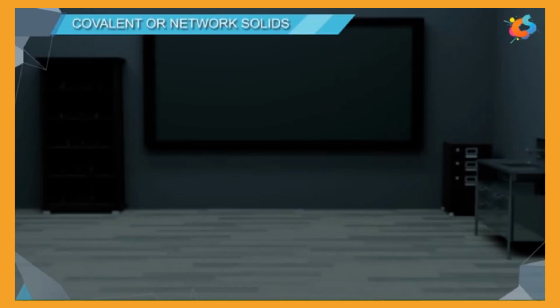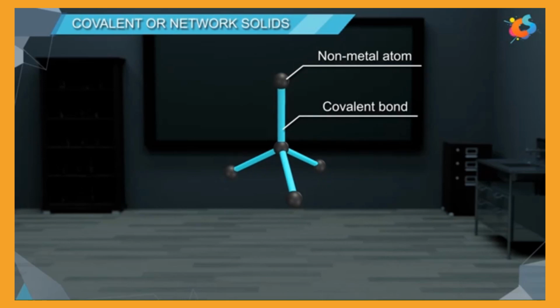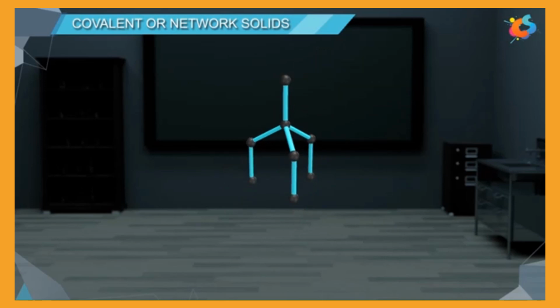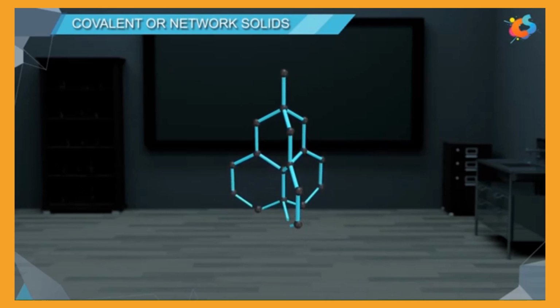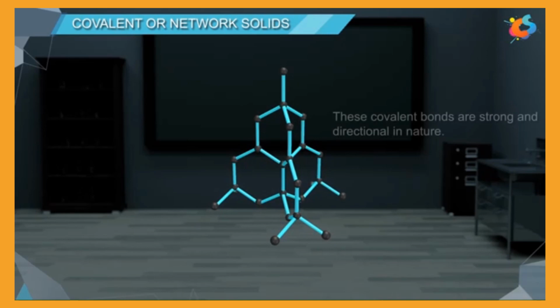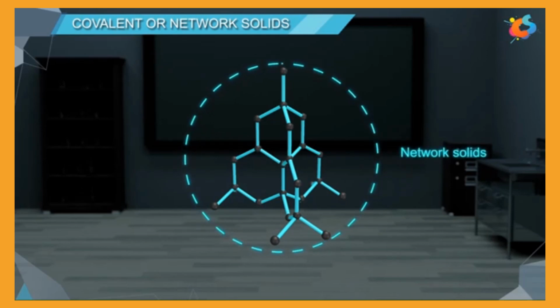Now, let us discuss covalent solids. These are crystalline solids in which the constituent particles are non-metal atoms linked to adjacent atoms by covalent bonds throughout the crystal structure. As a result, a network of covalent bonds is formed. Due to the large network of covalent bonds, these solids are also known as network solids.